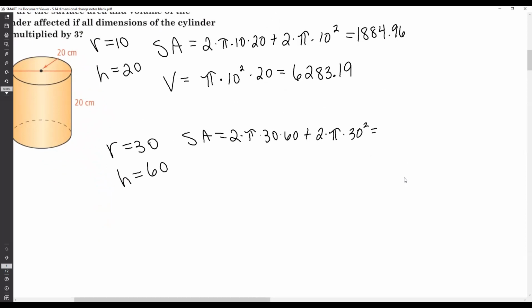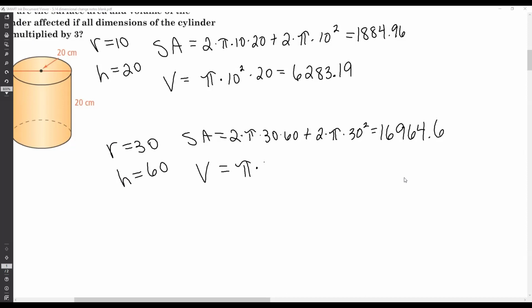We can already see it's going to be much bigger. Look, you've got 30 squared versus 10 squared in here. So I'm just going to type this in, and I'm going to get 16,964.6.